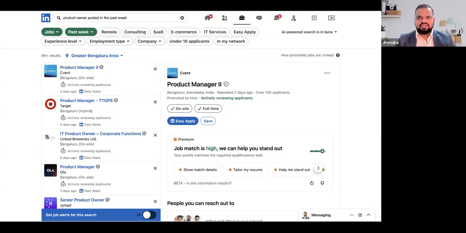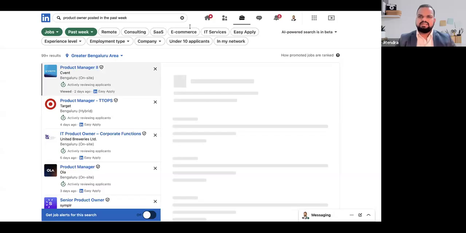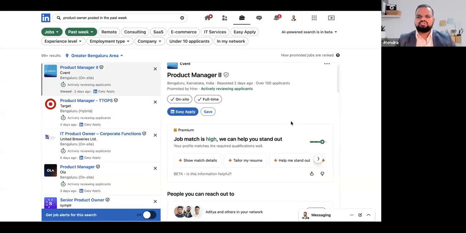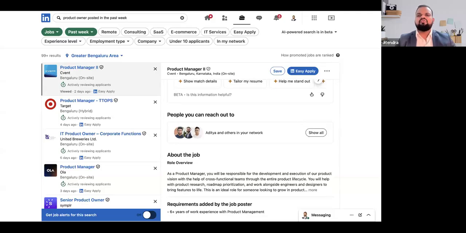The message I want to showcase is that if you're willing to transition into this job role, there are a lot of opportunities. It's not limited. You just need a specific structured approach, and you will be able to land the PO job role. With this note, let's proceed further.